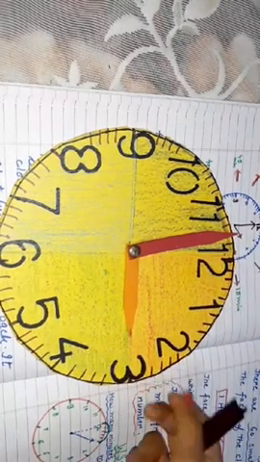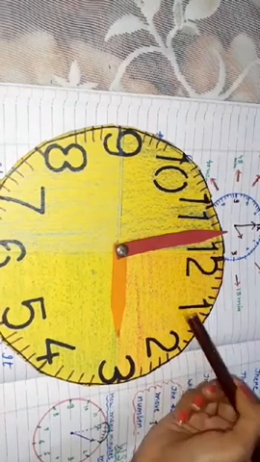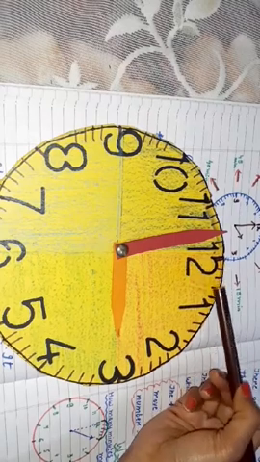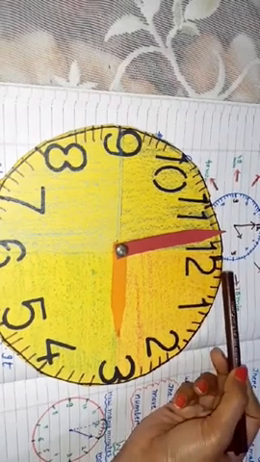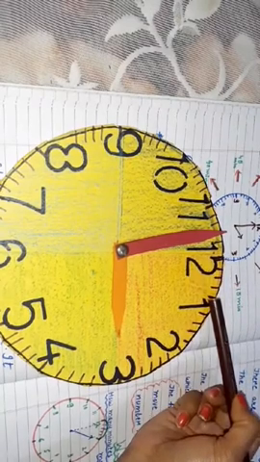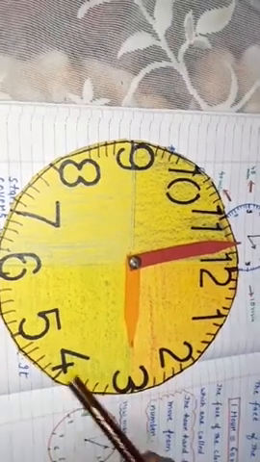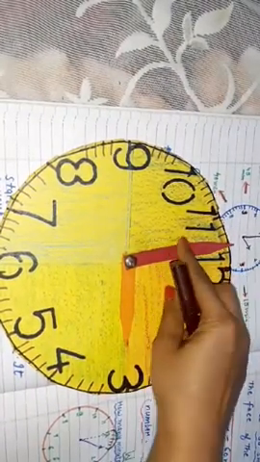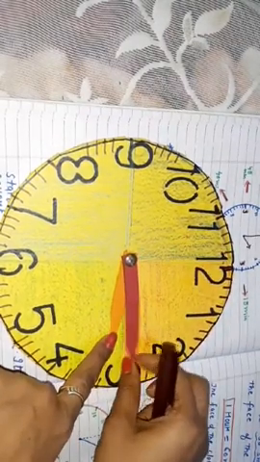Okay. So here, between these two numbers we have very small units, and these small units are called minutes. When the minute hand covers one round of the clock, how many minutes does it cover?